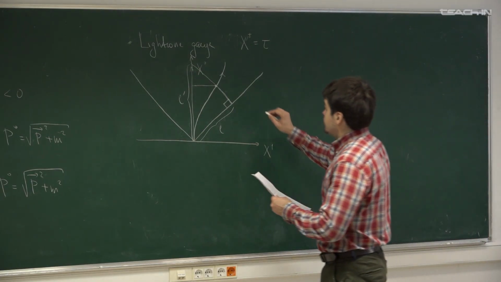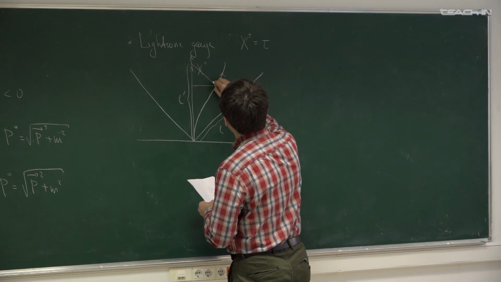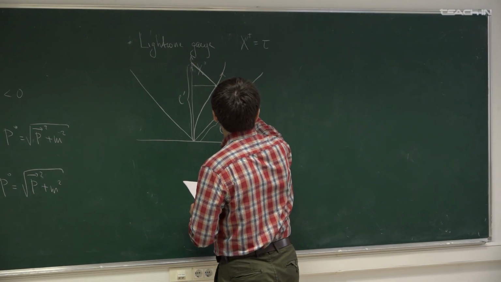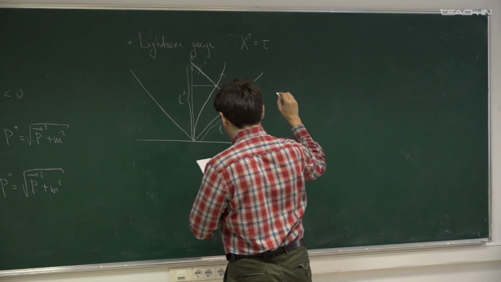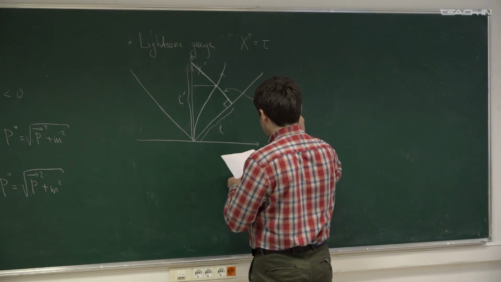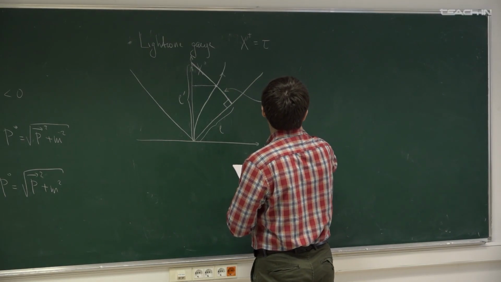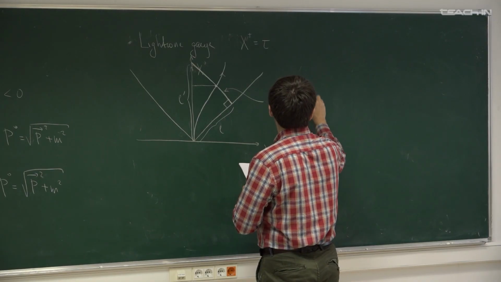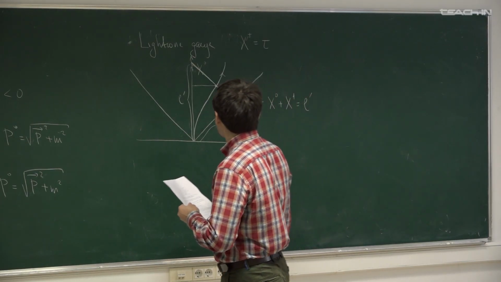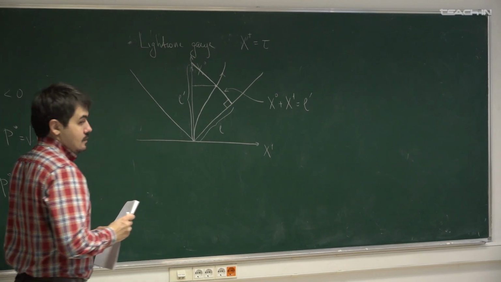So this line here is x0 plus x1 equals L prime, right?